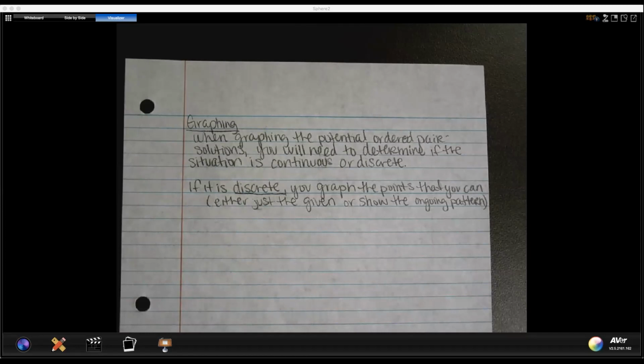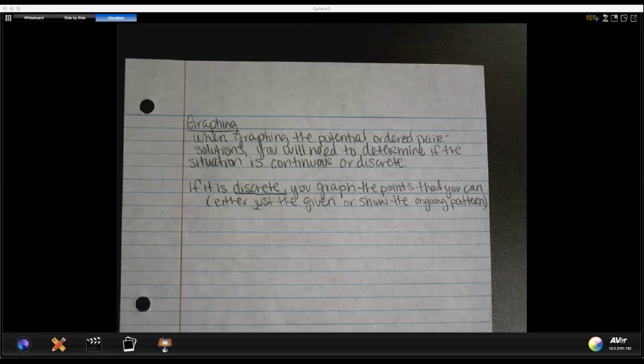Anyone? Okay, so let's talk about that. When you connect the points of a graph, what you're saying is that there is information in between the points that also works.